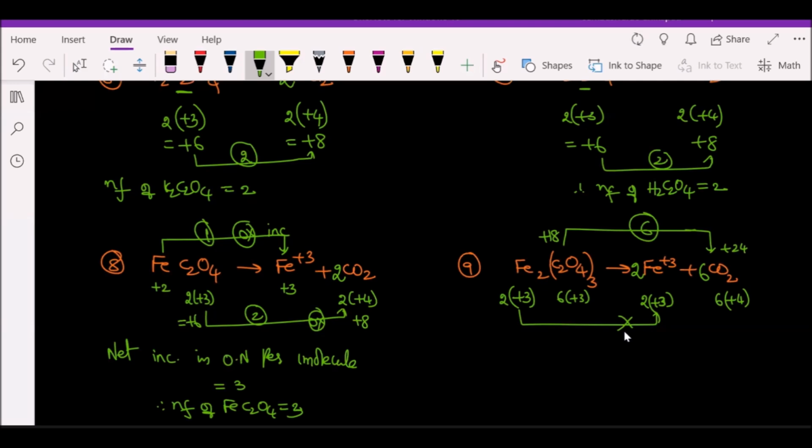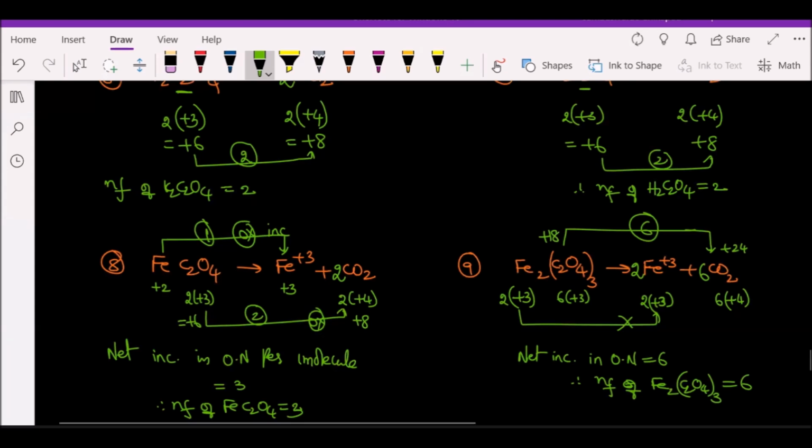Iron is not undergoing oxidation, only carbon is undergoing oxidation. Therefore, the net increase in oxidation number is 6. So the N factor of ferric oxalate, Fe2(C2O4)3, is 6.